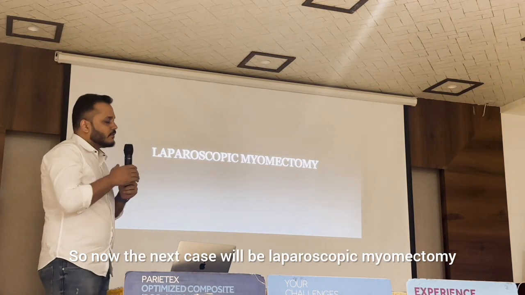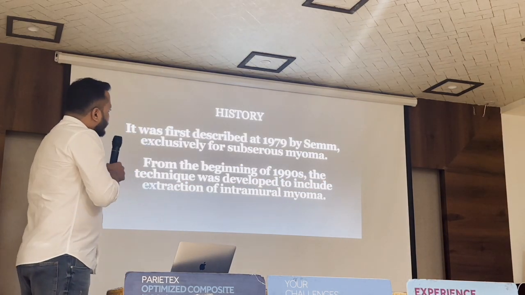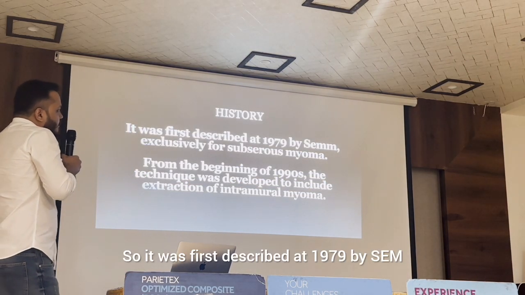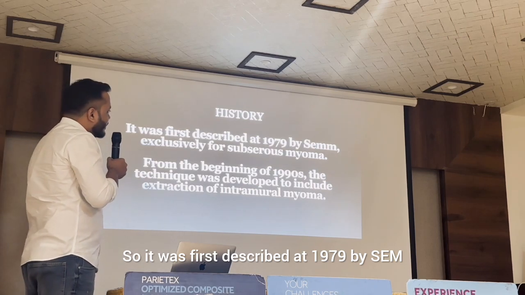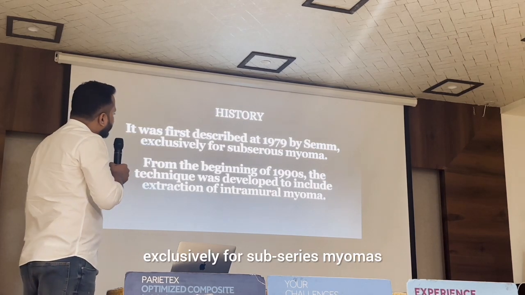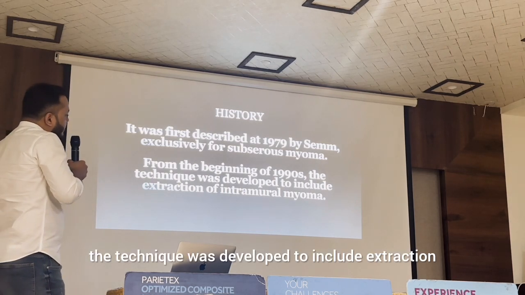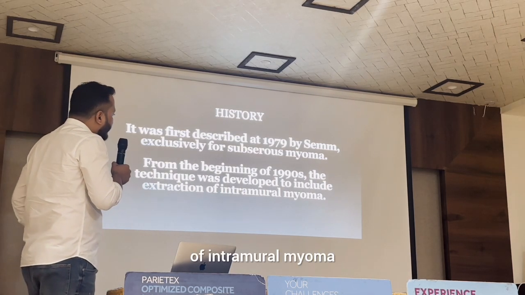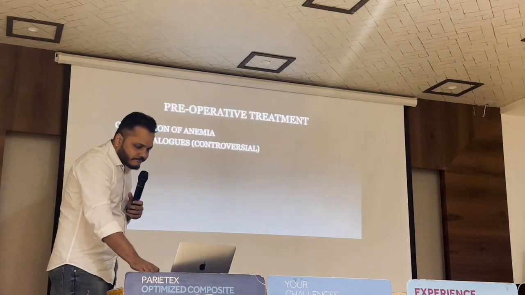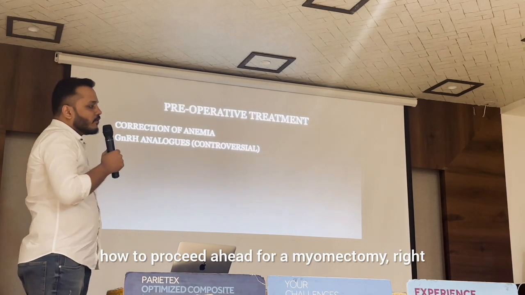So now the next case will be laparoscopic myomectomy. It was first described in 1979 by Semm exclusively for subserous myomas. From the beginning of the 1990s, the technique was developed to include extraction of intramural myoma. So how to proceed for a myomectomy?